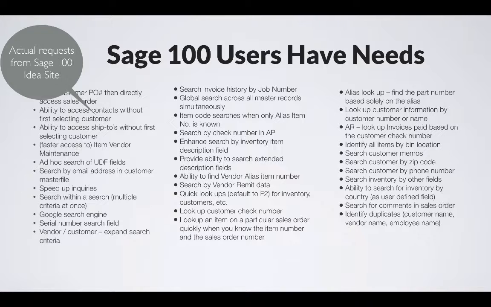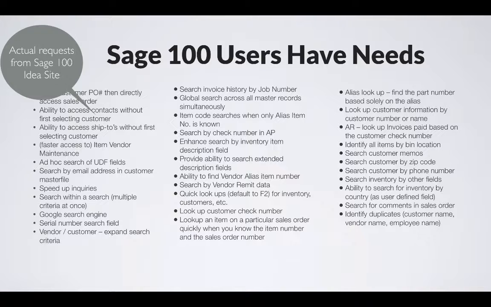If you're not familiar with it, Sage maintains an idea site for Sage 100, and it's a place where you or anybody else can go in and put in your ideas for new feature functionality within Sage 100, and then you have the opportunity to vote on that. And you can even see Sage will reply to certain things. Other users will reply to certain things and tell you how you might solve the particular problem that you're looking for. And Sage will also indicate when they plan to be adding something to their system.